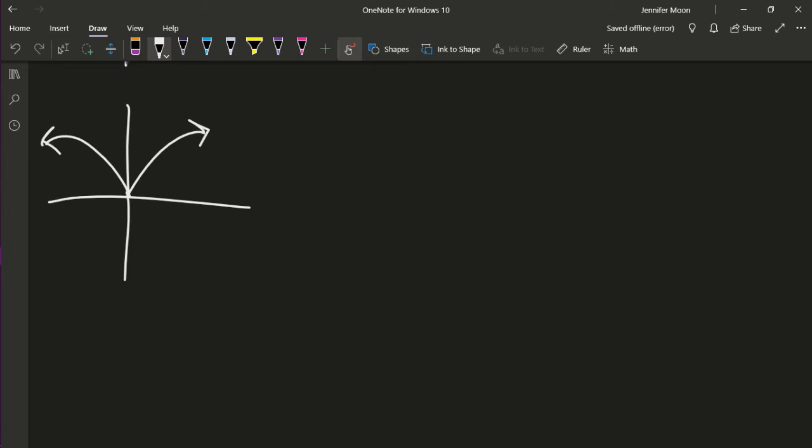And so I know that if it's even, it is symmetrical about the y-axis. And I do believe that if this right side of the graph is reflected, or if you were to fold your paper about the y-axis, I do agree that it would fall right on top of here, which means that it is symmetrical about the y-axis, which means it is an even function.